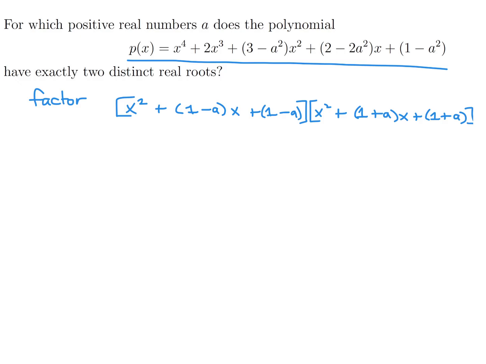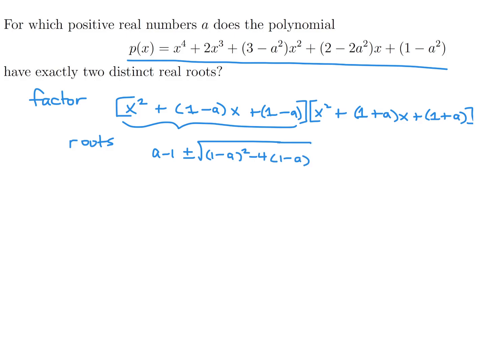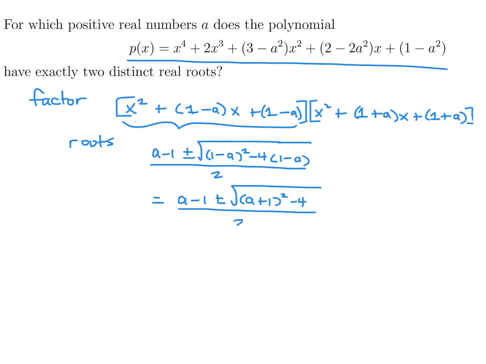And the roots, if we look at these, you're going to have to use a quadratic. So it'll be minus b plus or minus the square root of b squared minus 4ac, all over 2, which, if we rearrange it, is a minus 1 plus or minus the square root of (a plus 1) squared minus 4, over 2.